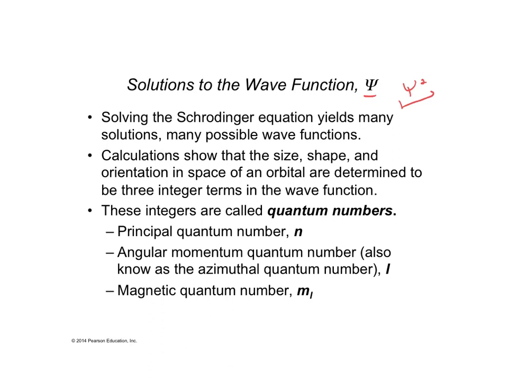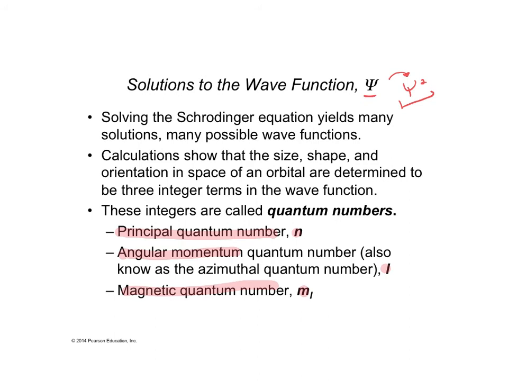So because there are many different solutions to psi, that means that we're going to have many different possible orbitals. All of these orbitals are going to be characterized by three separate quantum numbers, okay? The first one is what we call the principal quantum number. The second is the angular momentum quantum number, and the third is the magnetic quantum number.